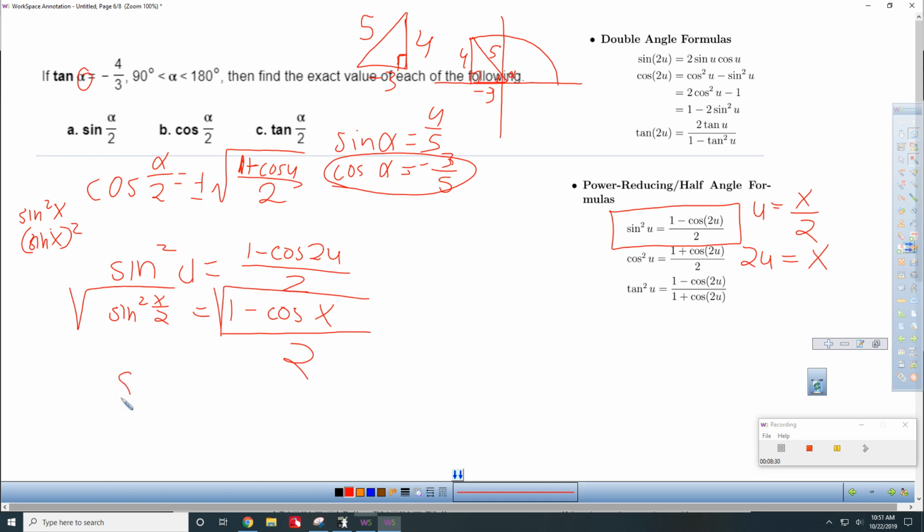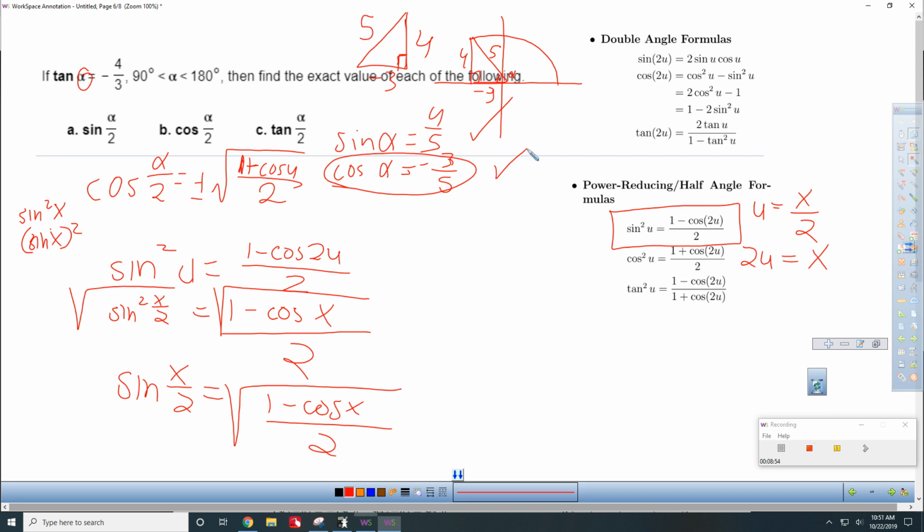And what you get is the sine of x over 2 is the square root of (1 minus the cosine of x) over 2. So that's how she got the sine and cosine there, and now we are in the middle.